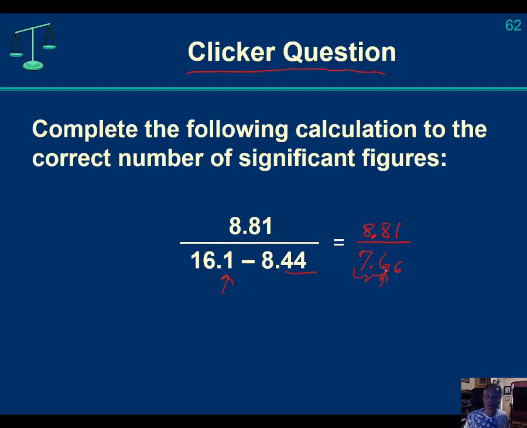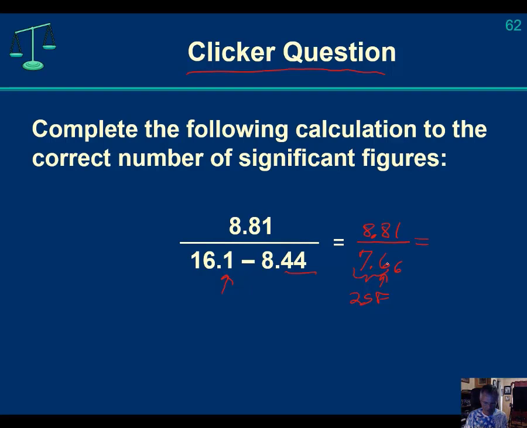So when I subsequently do my division into 8.81, I only have 2 significant figures in this denominator. But I don't want to round to 7.7 because I might have a rounding error that causes my result to be different than it would be if I kept that extra 6 in my calculator and then rounded to 2 significant figures at the end. So I'm going to do this division without prematurely rounding, and let's see what we get.